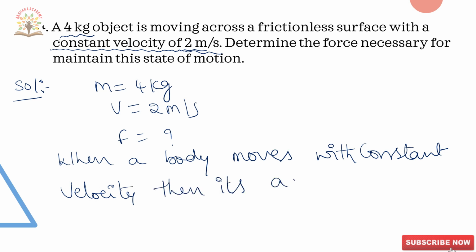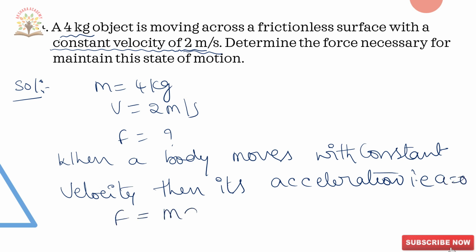So a is equal to 0. So F is equal to m into a, where m is given as 4, and a is 0. So 4 into 0 is 0 newtons. Therefore, the final answer: force is equal to 0 newtons.